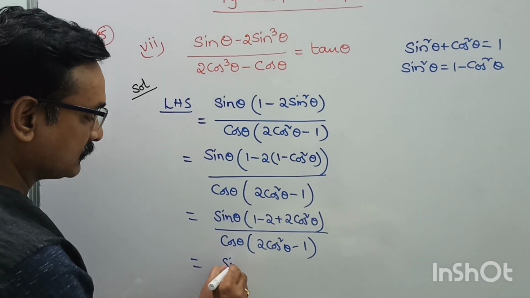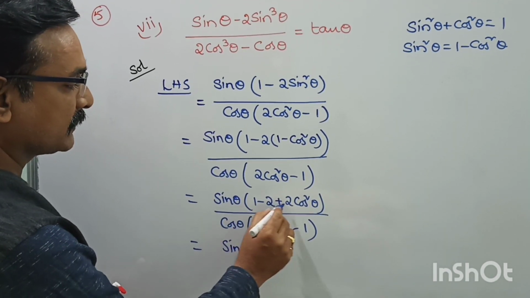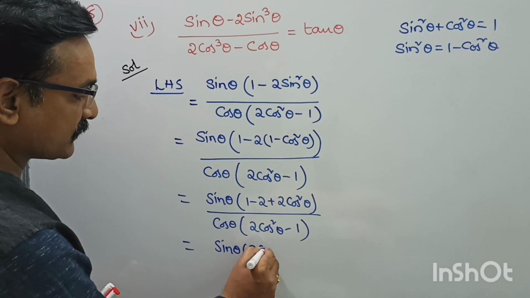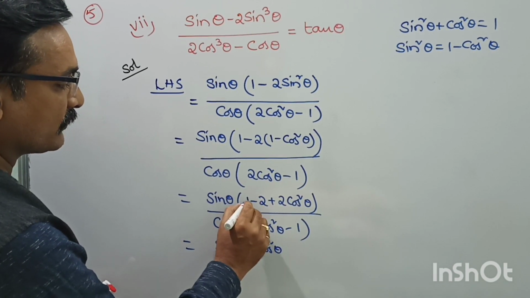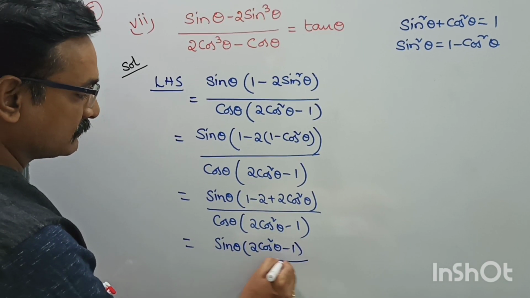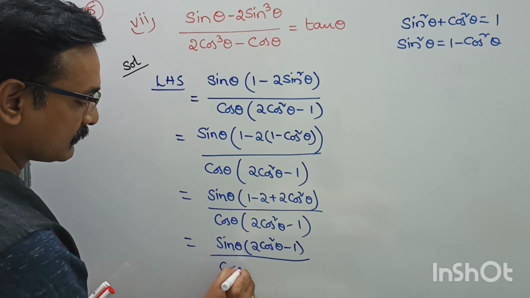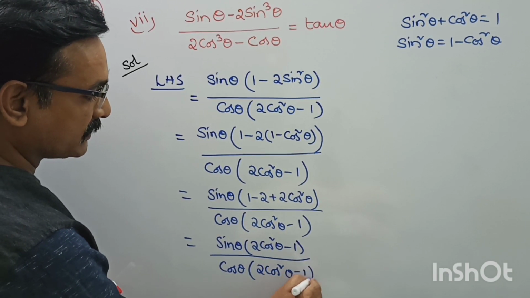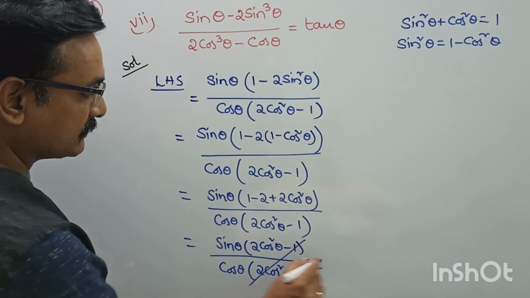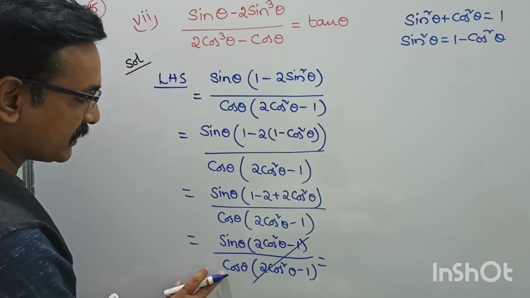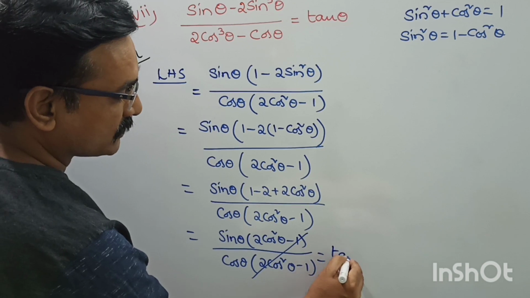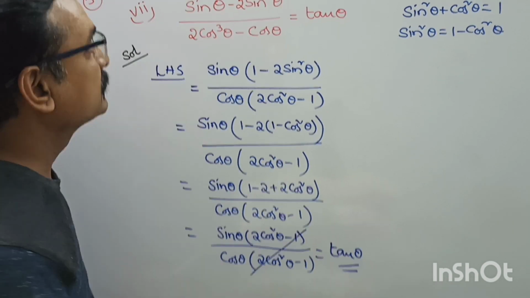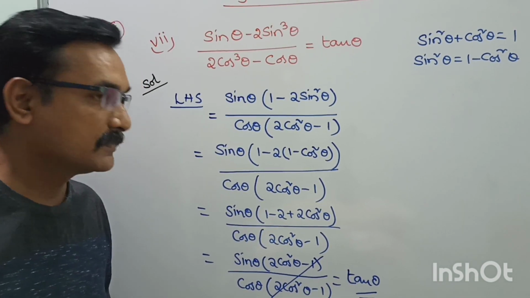So now sin theta into 2 cos square theta as the first term, 1 minus 2 is minus 1, by cos theta into (2 cos square theta minus 1). Both get cancelled. The leftover terms sin by cos equal tan theta. Therefore, LHS equals RHS.